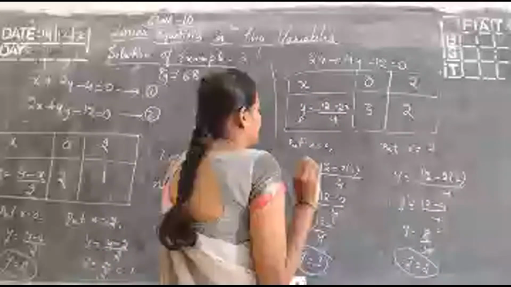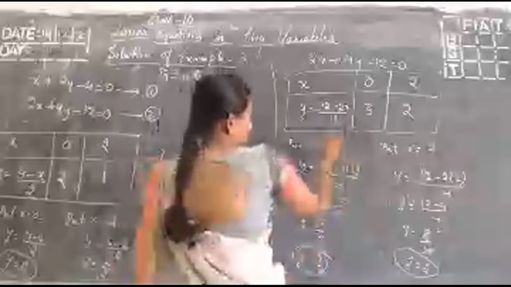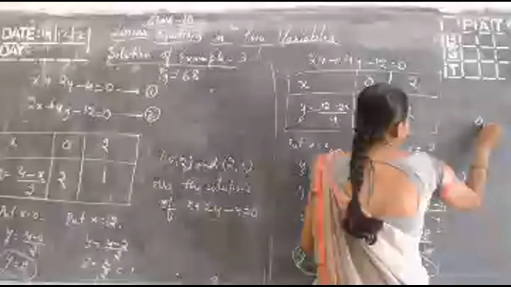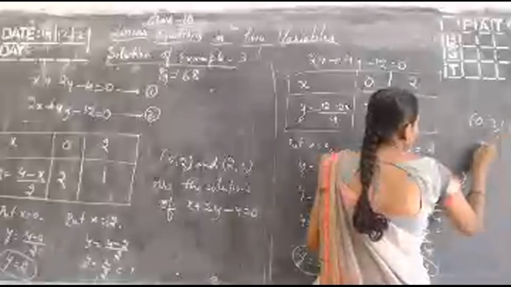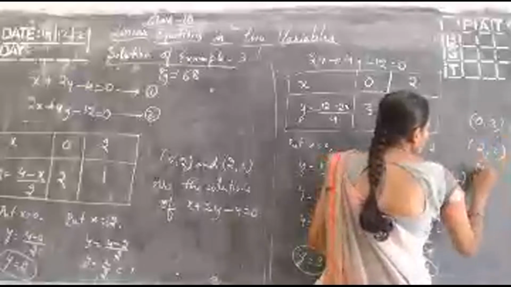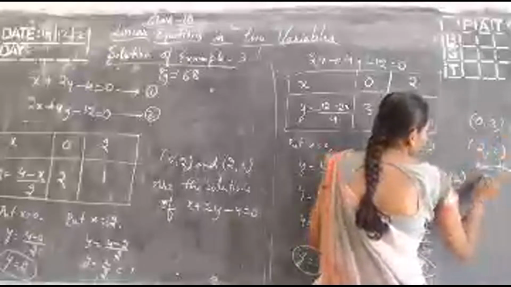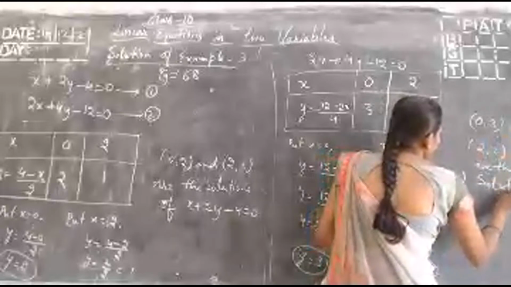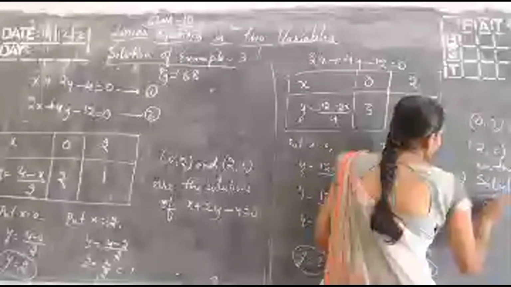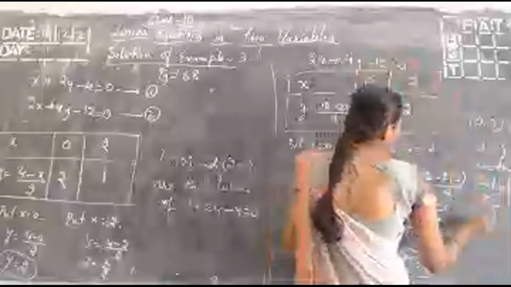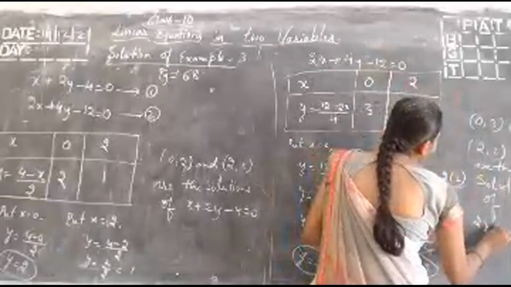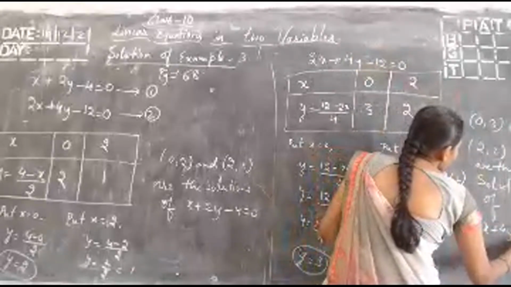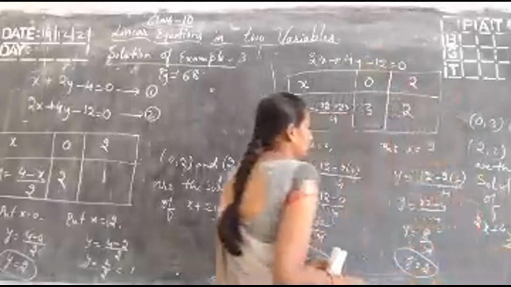So what are the solutions of this equation? (0, 3) and (2, 2) are the solutions of which equation? This equation: 2x plus 4y minus 12 is equal to 0.